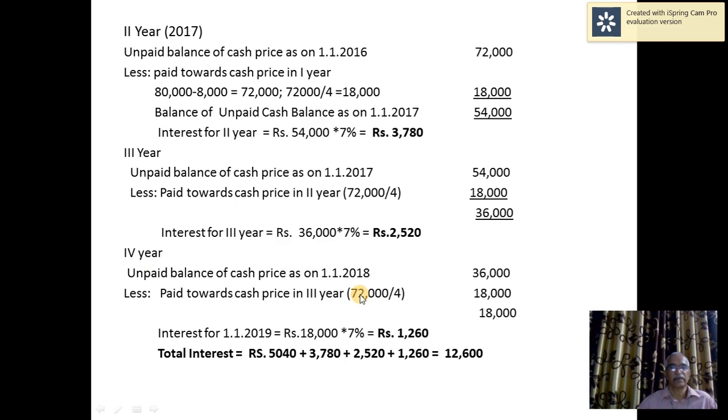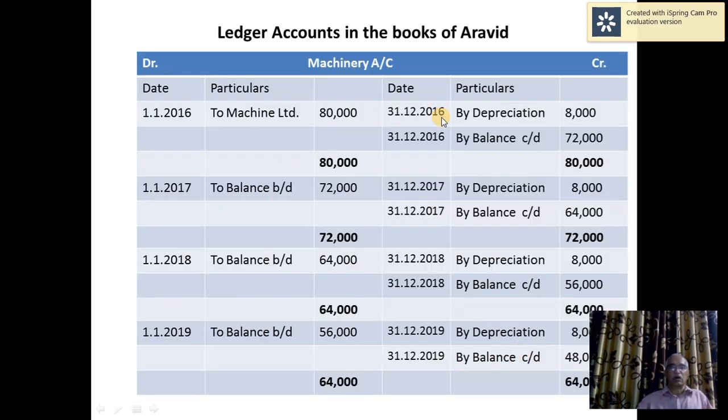And for the fourth year, unpaid balance of cash price as on 1/1/2018 is 36,000, and cash price paid in third installment is 18,000. So ultimately the balance is 18,000. On this you are calculating the interest. So total interest is 12,600. Okay, now we will open the ledger accounts in the books of Mr. Arvind.